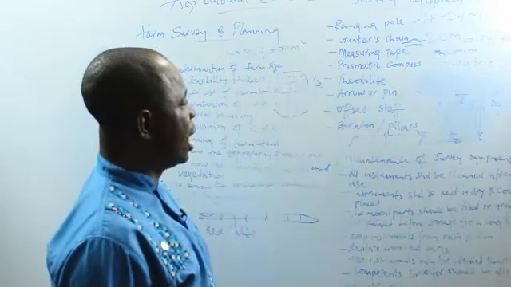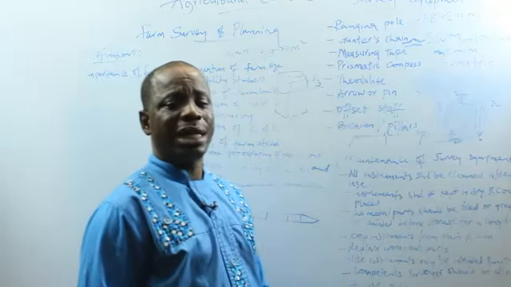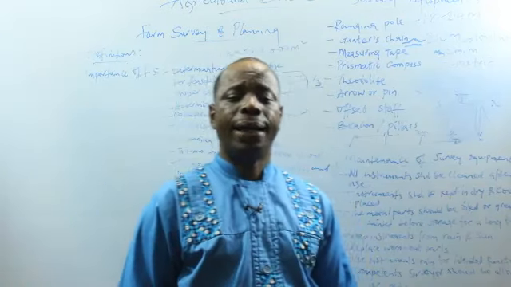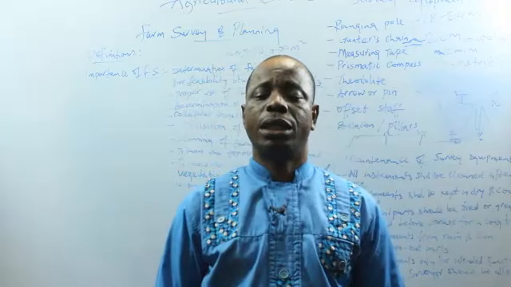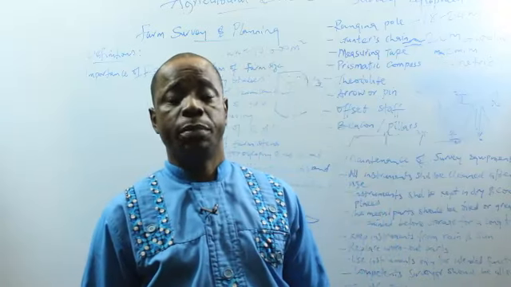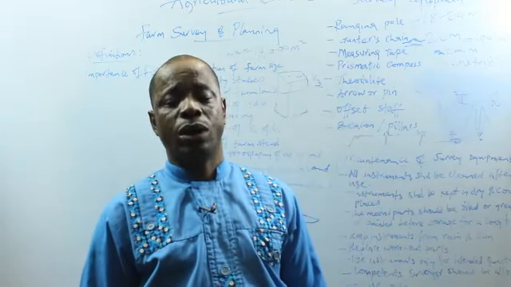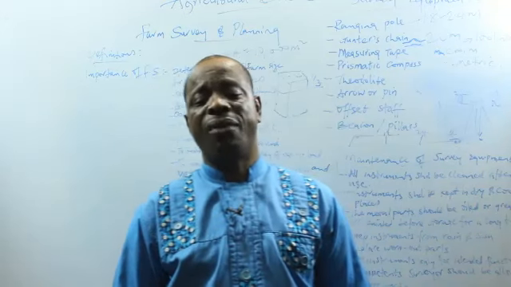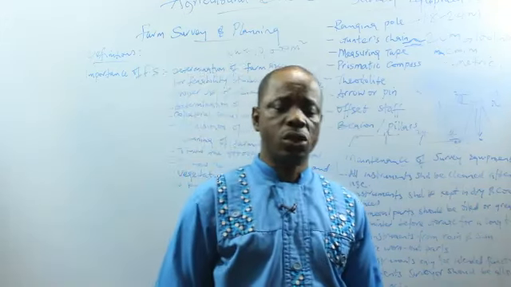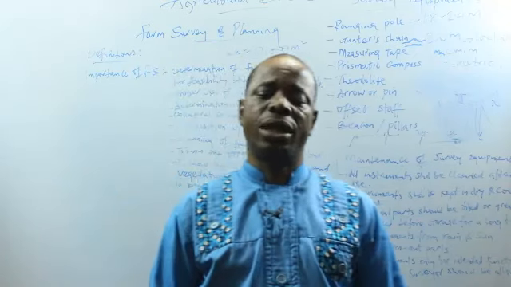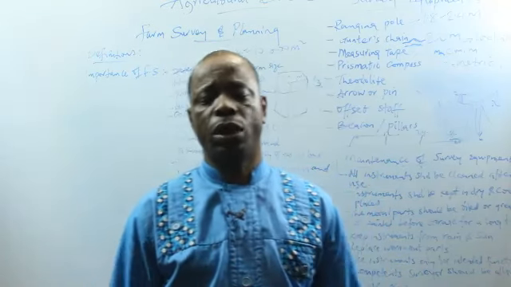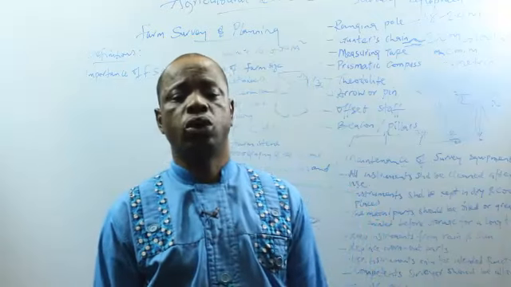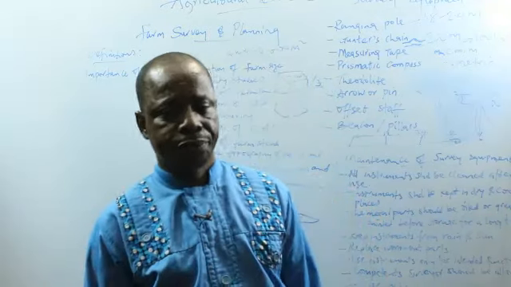What is the use of theodolite? Theodolite is used to get the bearing or the angular distance between 2 points on both horizontal plane and vertical plane.